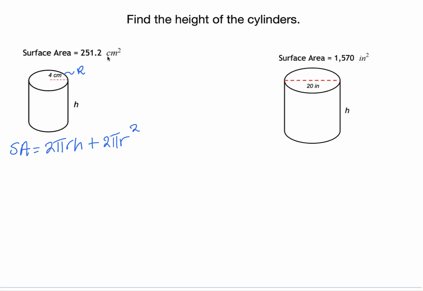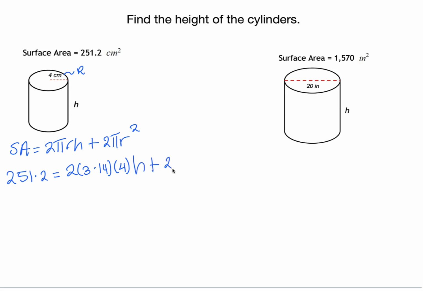So I'm going to replace all my values. I know the surface area is 251.2. So I have 2. Now if you want to, you can change pi to 3.14. The radius is 4, but I don't know the height, so that's going to stay h.